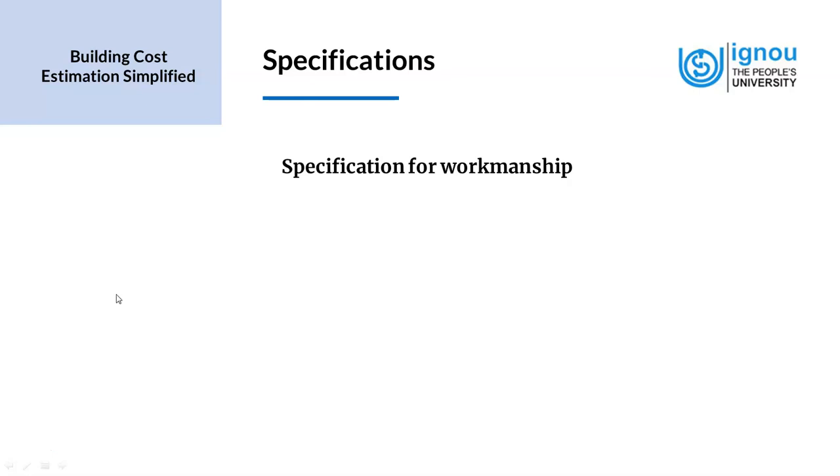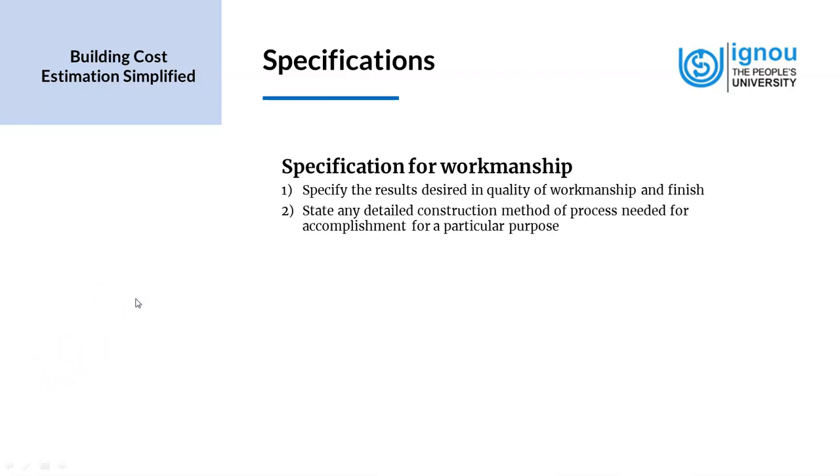While writing such specifications, some of the guidelines which are to be used are given below. Now, specification for workmanship, we need to specify the results desired in quality of workmanship and finish. State any detailed construction method or process needed for accomplishment for a particular purpose.